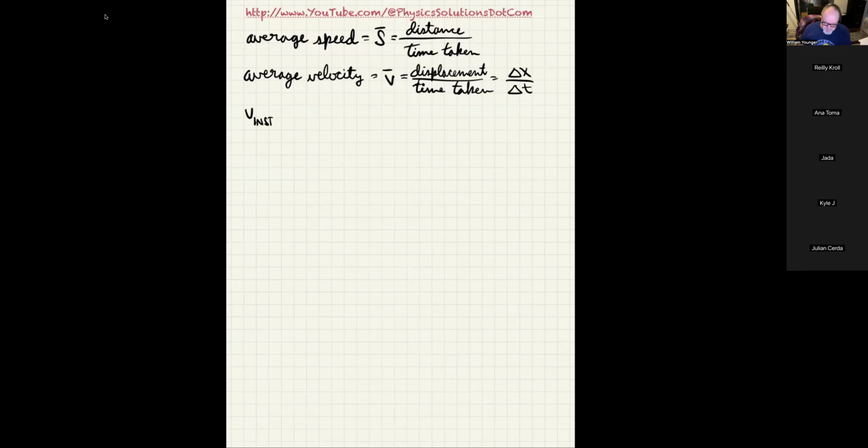We also call that v as a function of time, and that turns out to be the limit as delta t approaches zero of delta x over delta t. And you guys have had Calc 1, so you know that's also equivalent to dx over dt. So that's the instantaneous velocity.